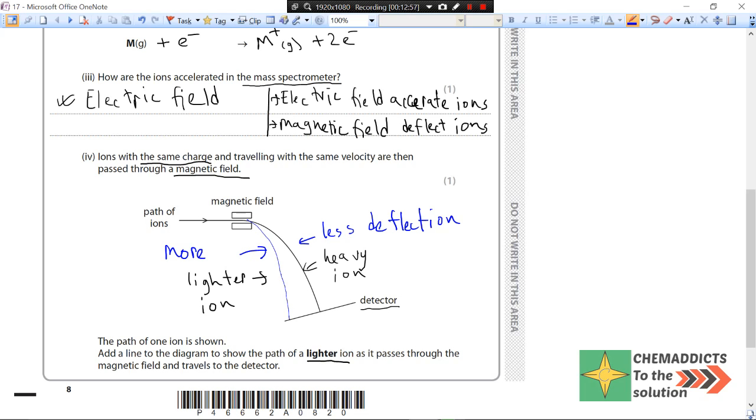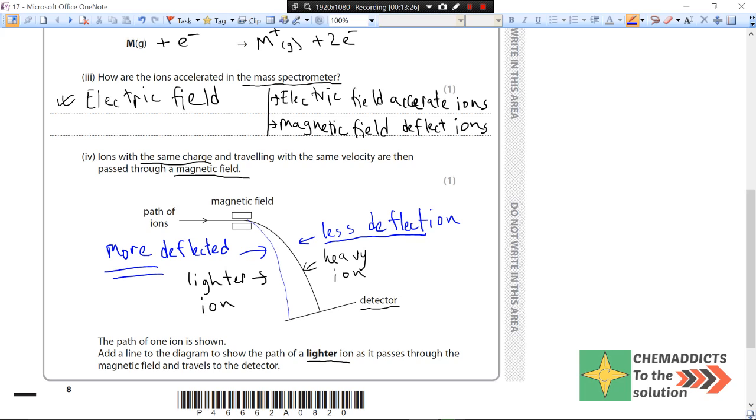So the lighter ions are more deflected and the heavier ions are less deflected.